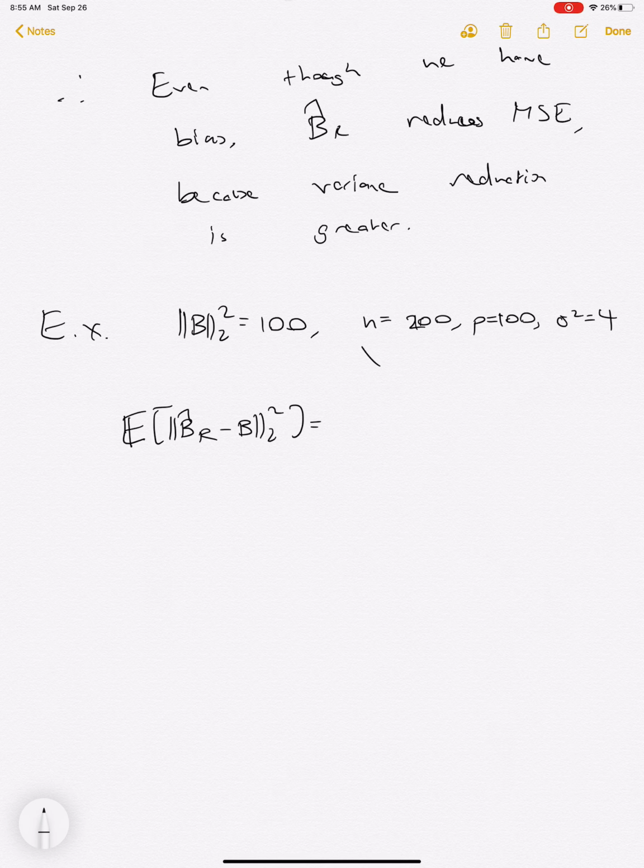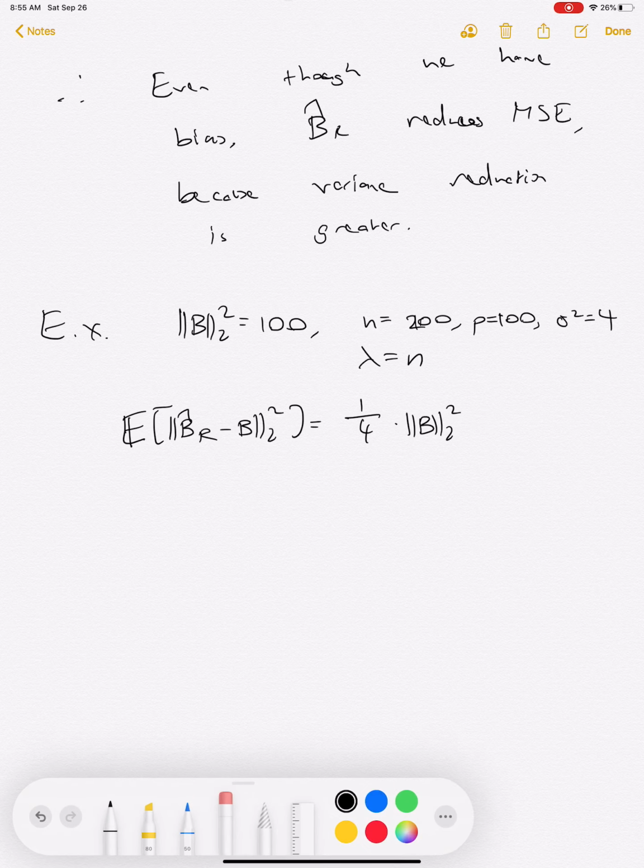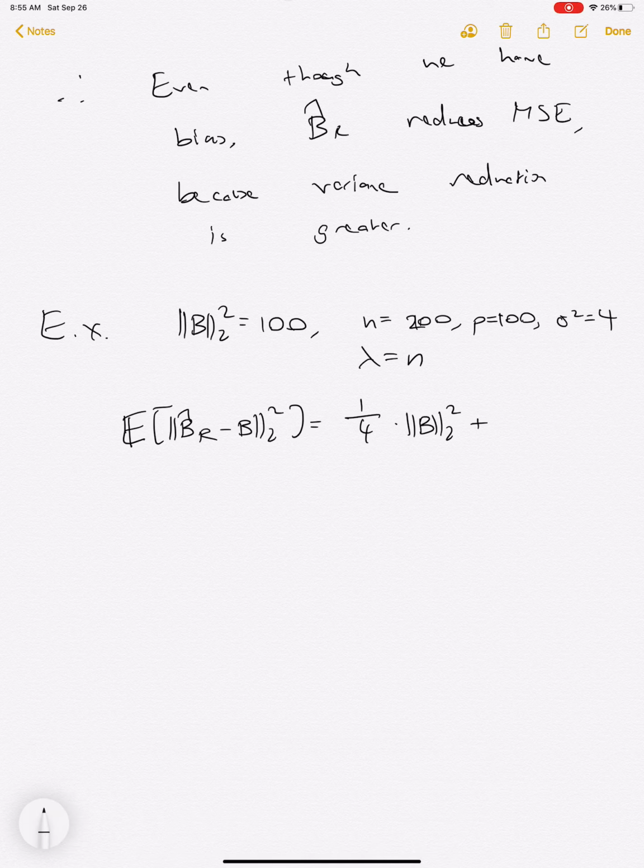Here, with lambda equals n, you're just going to get a quarter times the norm of b squared, plus the term of 1/2 that we got before, so you're going to get 25.5.